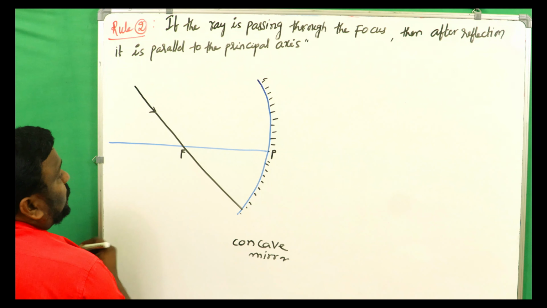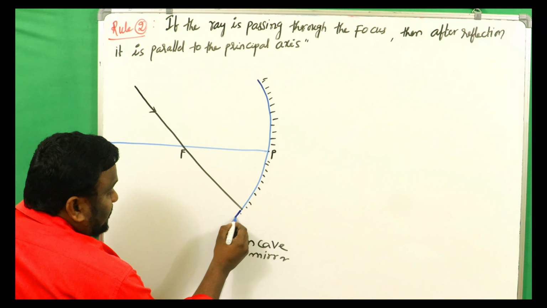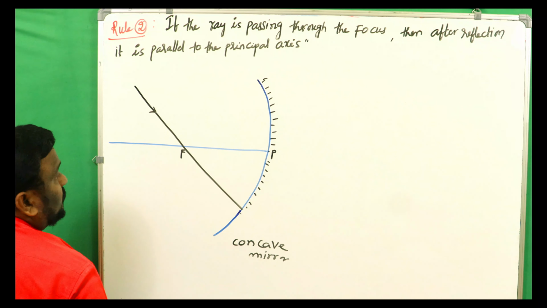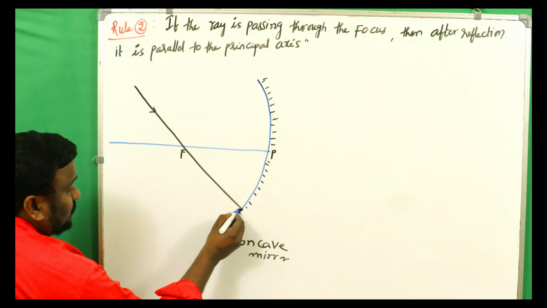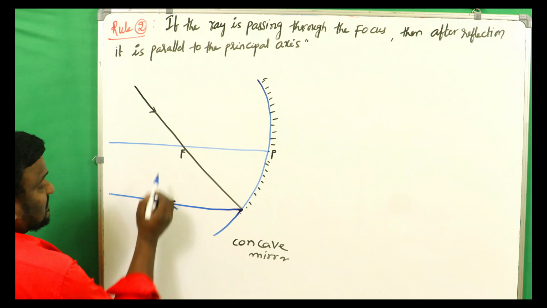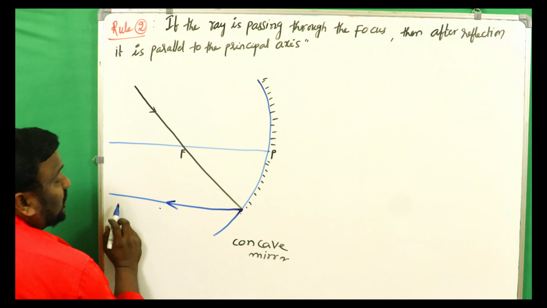Clear? So after reflection, we may extend like this also, don't worry. After reflection the ray passes like this. You can observe the principal axis. Now how are these two parallel to each other?